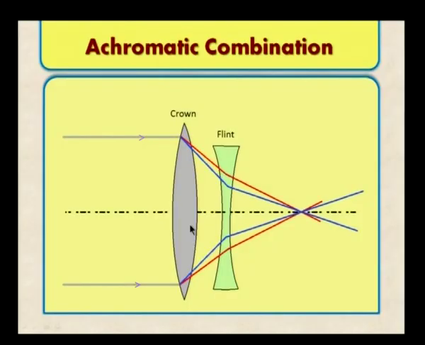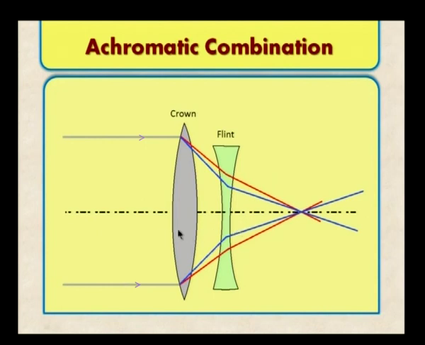The refractive index of crown will be different from that of flint, and once again you are making use of lenses. Earlier you used a single lens. Now, whatever defect is caused by the convex lens is reduced by combining it with a biconcave lens. This is the convex lens that you have got here, and you combine it with the biconcave lens.